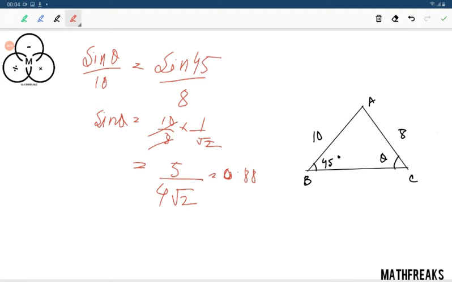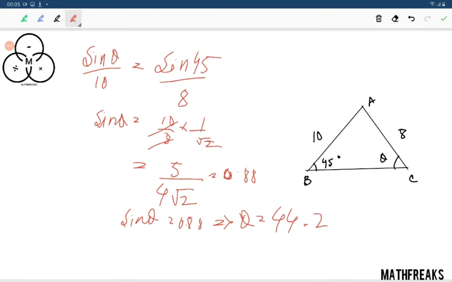After using my calculator, I am getting sin theta equals 0.88, which implies that theta equals 44.2 degrees approximately.